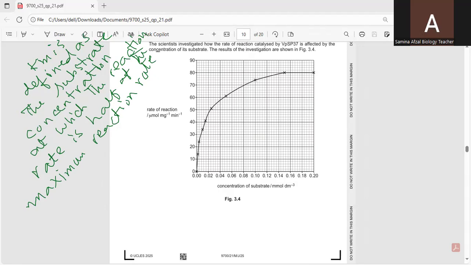So how can we calculate the Michaelis-Menten constant? First of all, we will go with the V maximum. Let me use the smart pen. You can see the maximum.